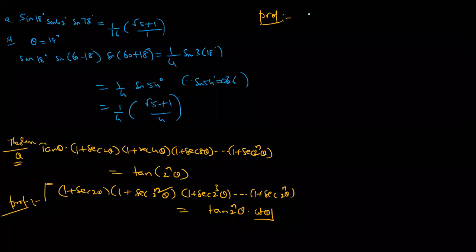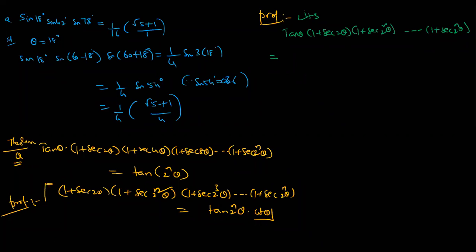Now discuss slowly. First of all, dear students, I'm concentrating only on the LHS. For the LHS, tan theta into 1 plus secant 2 theta, 1 plus secant 2 square theta, and so on, 1 plus secant 2 power n theta. Listen carefully.